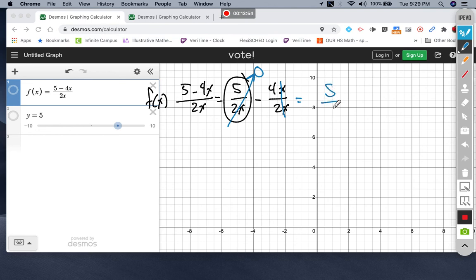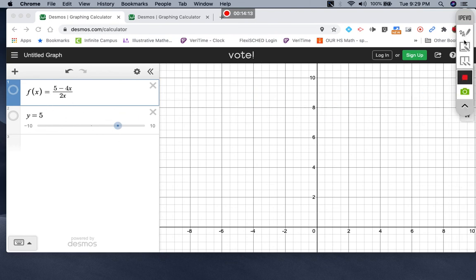So my function looks like 5 over 2x minus 2. And I said as x gets big, this goes to 0. So I should have an asymptote at y equals negative 2. So we'll take this down to negative 2.